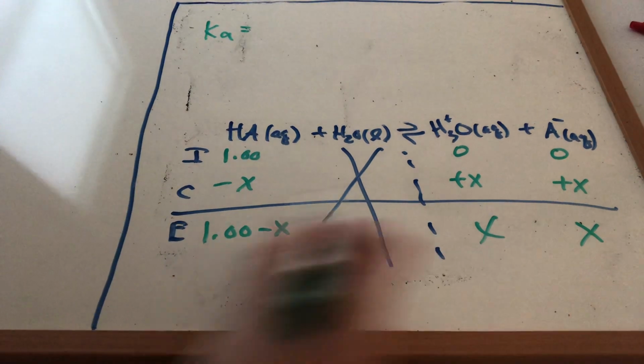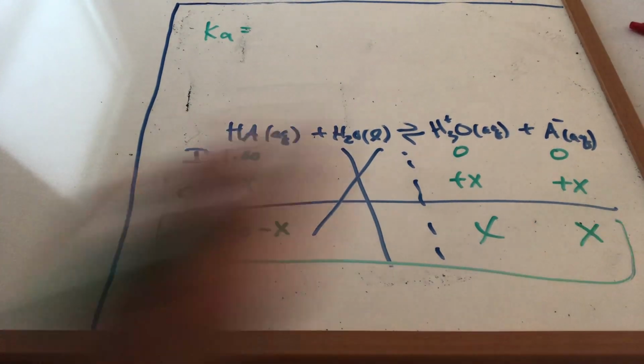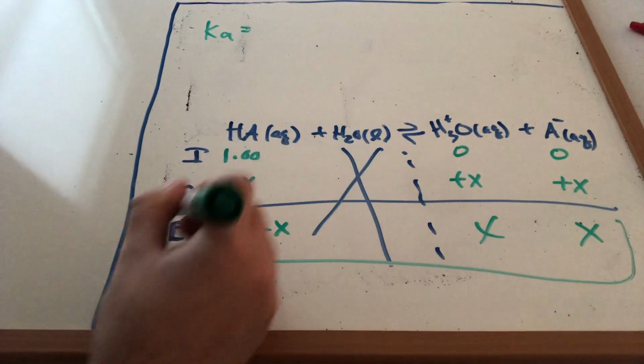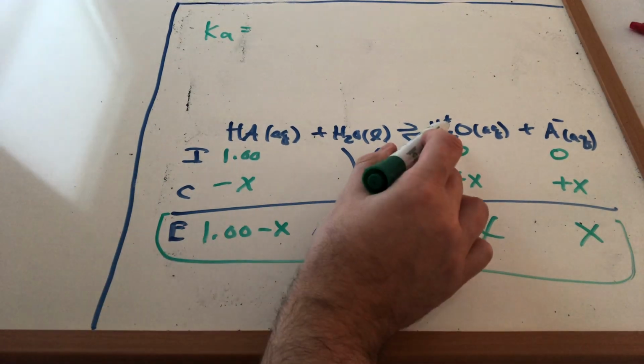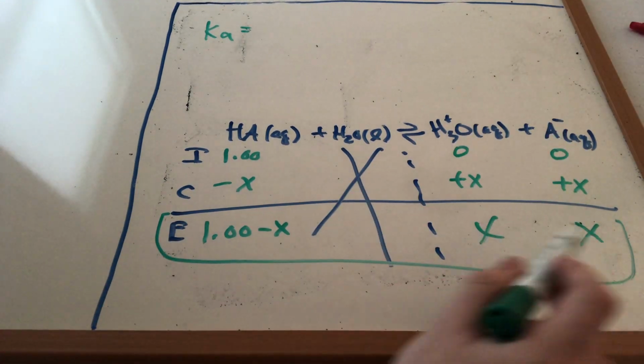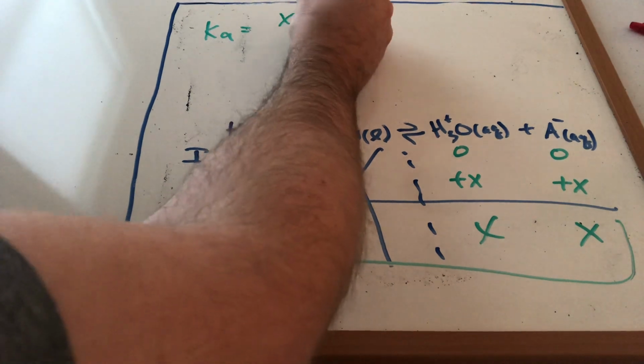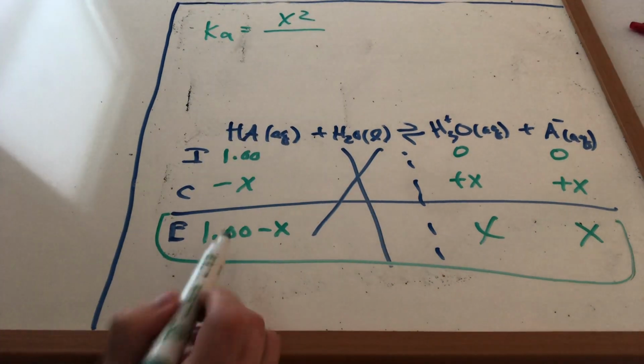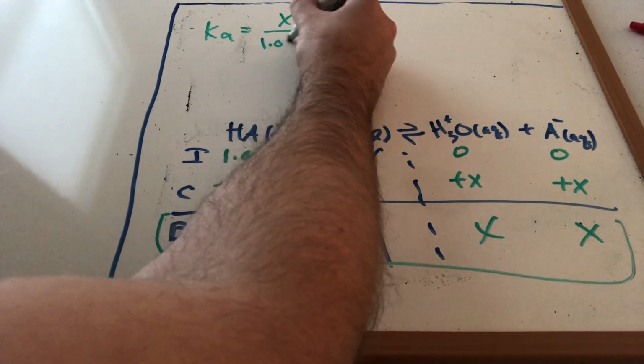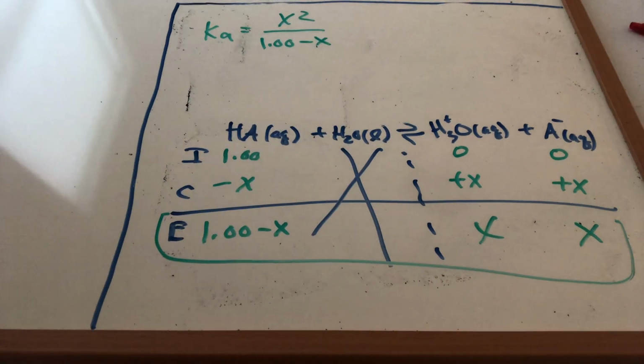My Ka expression comes from this part of my ice table. So Ka is going to be that concentration and that concentration at equilibrium: X times X gives me X squared, over this concentration at equilibrium, 1.00 minus X.